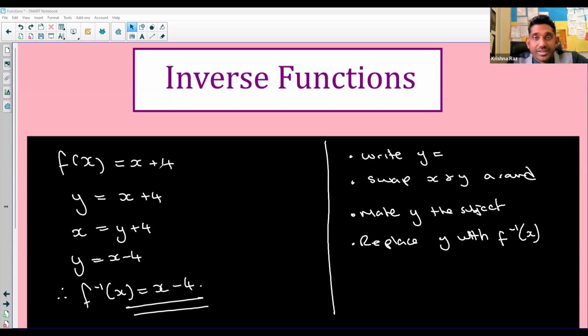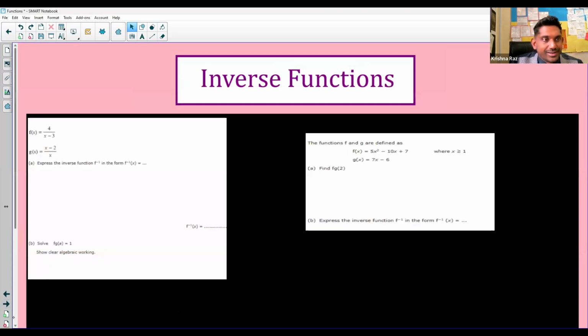That's essentially what we've done here. By swapping the x and y around, it just makes it easier for us to have a set routine to find the inverse. So the inverse is the reverse journey of the original function. If you think what I just said is waffle, hopefully it will make sense once we've done a few examples. So let me stop waffling and get on with it.